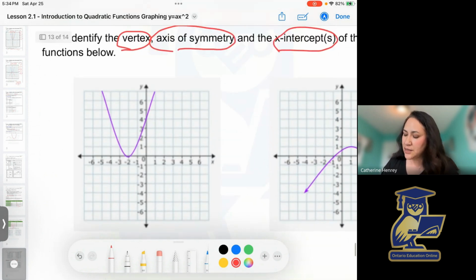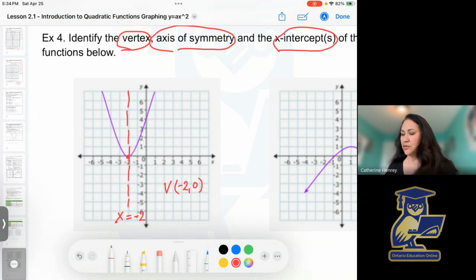So the vertex happens right here. It's where the graph changes direction. And that vertex looks like it is at -2, 0. The axis of symmetry goes right through that vertex, and we write it as x equals -2.